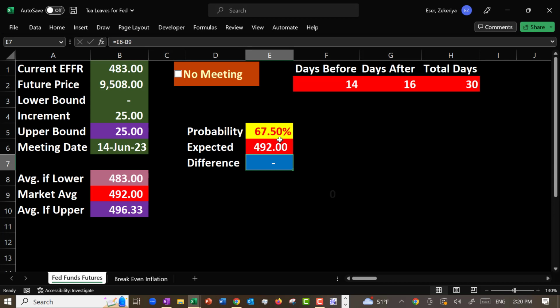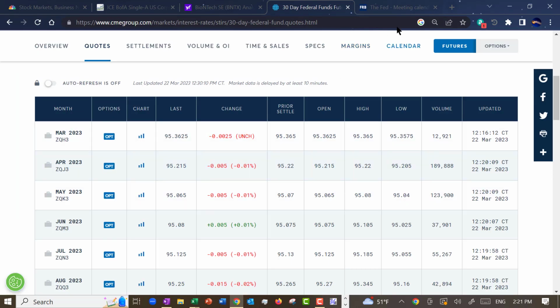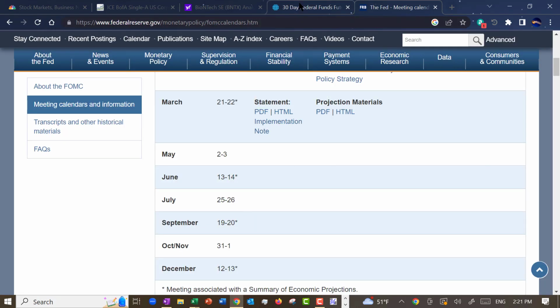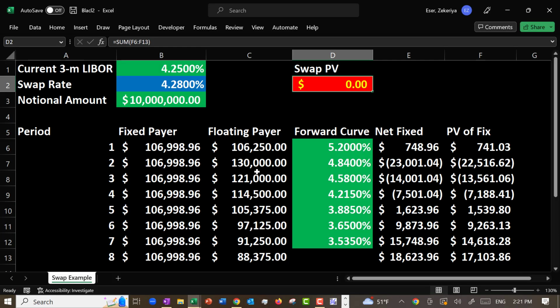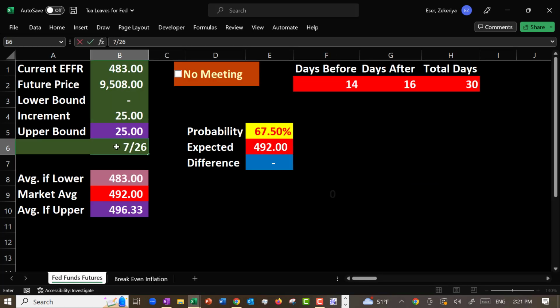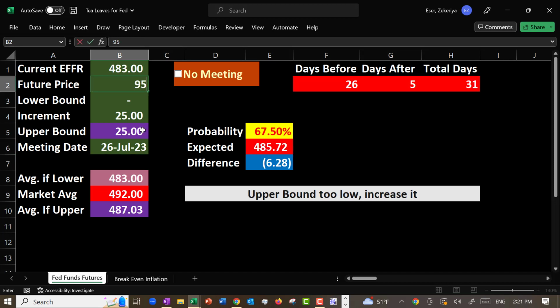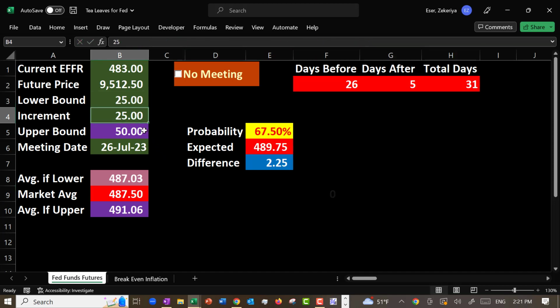We could do the same thing for the July meeting. At least that's what the market's attaching. 26th and 95.125. So the market thinks that there's going to be at least another 25, but it could be 50.